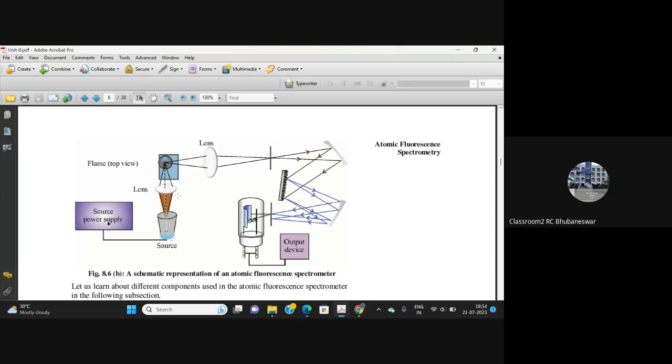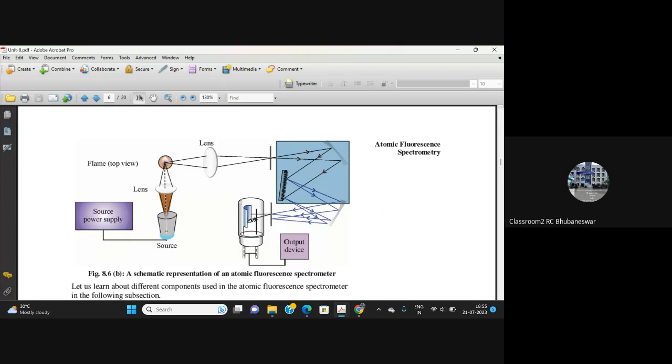Through the source you are supplying the radiation also. Then you get some emitted radiation which passes through the lens. Then mirrors, grating mirrors will be there, which is just a process of amplifying things, converging them into a particular part.